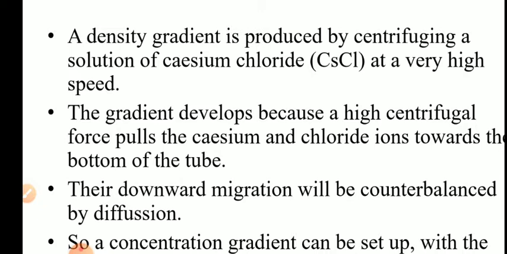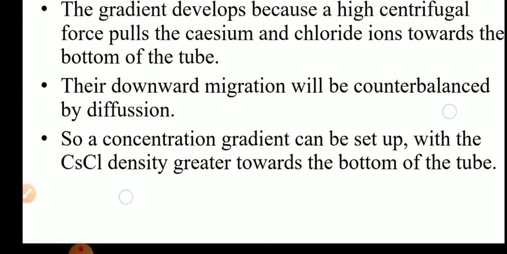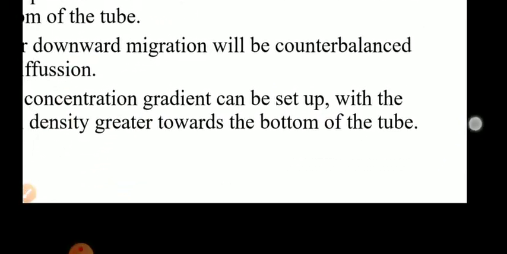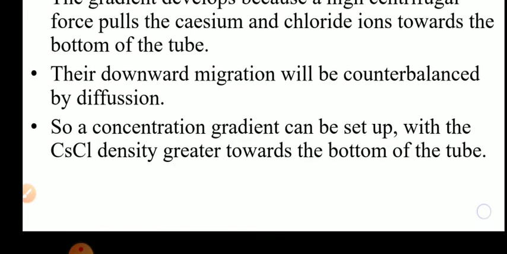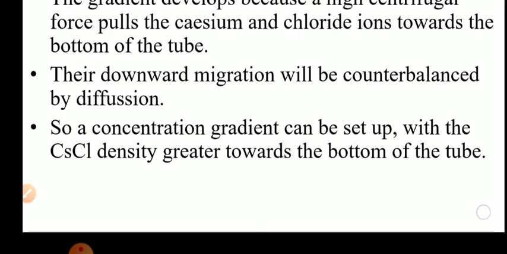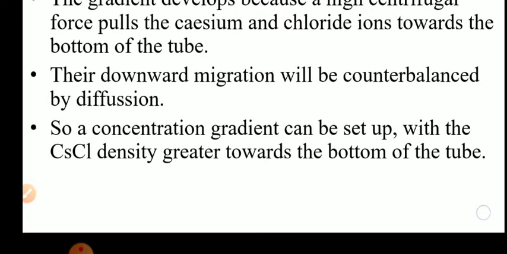Why does the density gradient develop? Because high centrifugal force pulls the cesium and chloride ions towards the bottom of the tube. When cesium chloride in a tube is subjected to centrifugation, the centrifugal force pulls down the cesium and chloride ions towards the bottom.